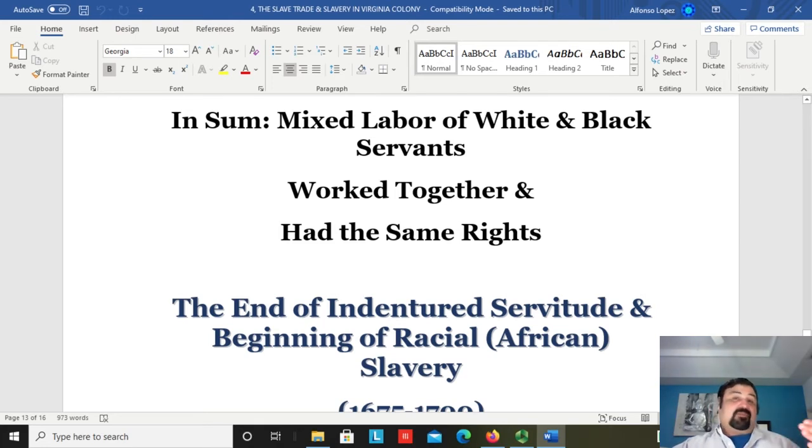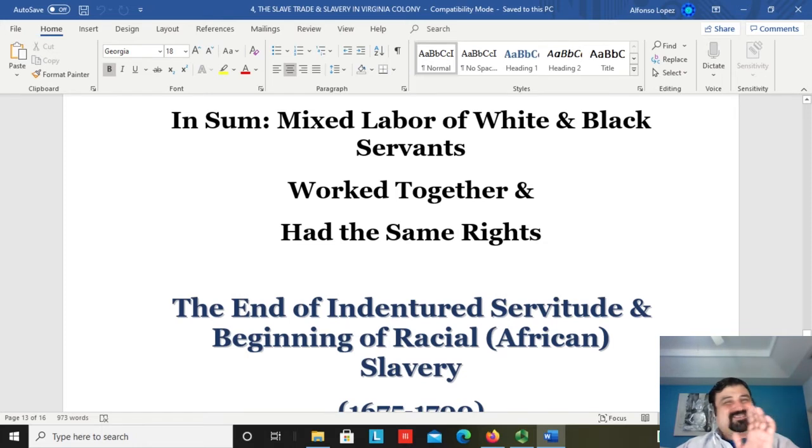So the very first African slaves that arrived in 1620 in Virginia were working side by side with English indentured servants. The labor was mixed. You had white and black servants working together, with the same status, the same rights, the same obligations, and both could earn their freedom after 7 years. Okay, both.